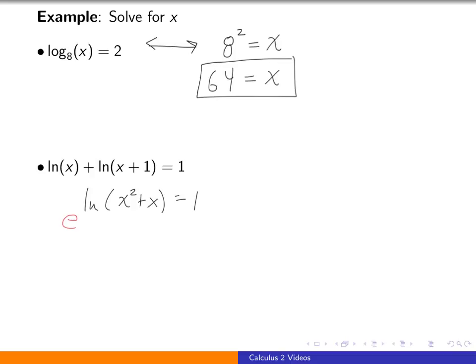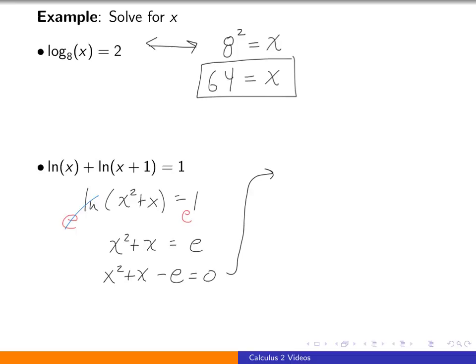So e raised to the ln of x squared plus x should be e raised to the 1. So e to the natural log cancels, and what we have is x squared plus x is equal to e. So x squared plus x minus e is equal to 0. This equation involving logarithms boils down to solving a quadratic equation.